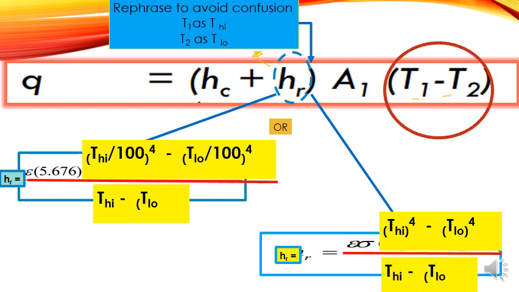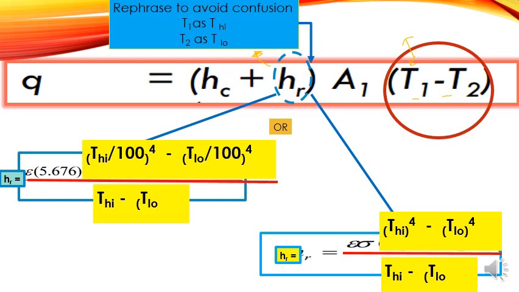However, the T1 and T2 terms in the main equation are based on which one is the reference point. So the reference object temperature should be T1, and the other object is T2.